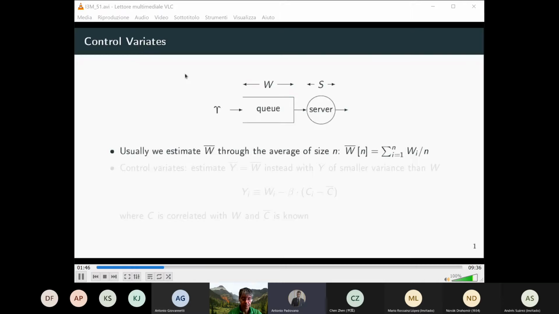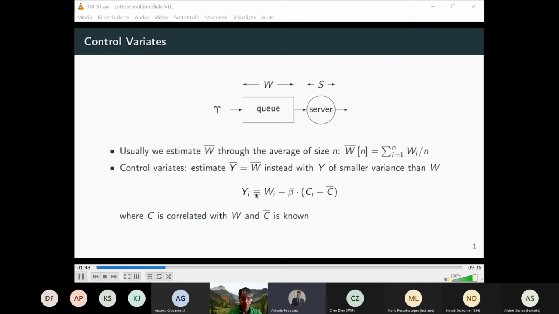The control variates method consists of, instead of directly using the random variables W, using a modified version of them where we subtract part of the variation, given that we have another process, a control process, strongly correlated with the queue waiting time and of known mean value.